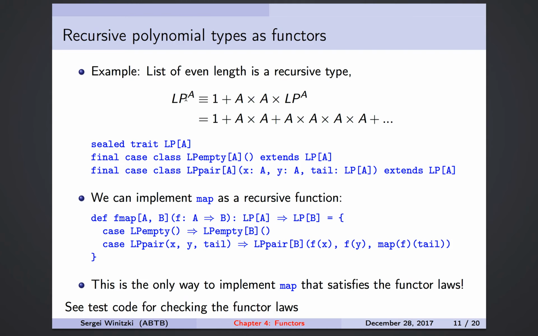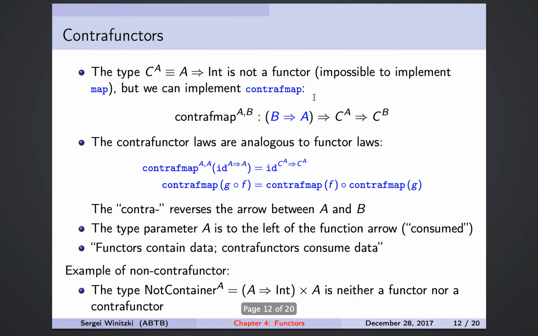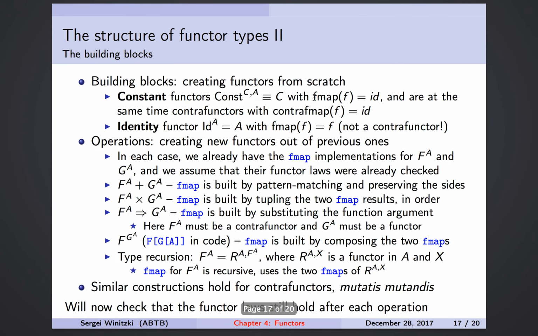So actually this equation can be written as LPA equals some functor applied to LPA and A, because this is a type construction of the same kind as we are considering here.